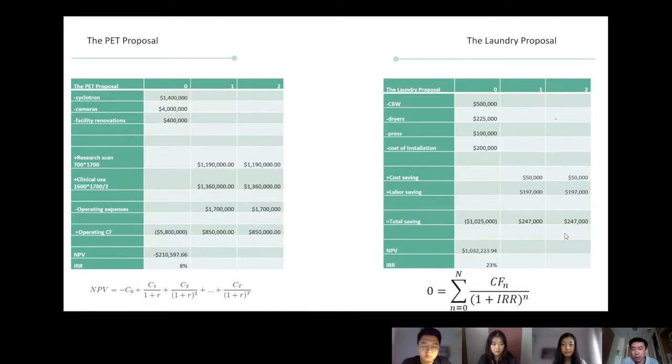First, the hospital needs to purchase a continuous batch washer, dryer sprays, and additional funds to install the new equipment. The initial investment in year 0 is $1,025,000. The annual cost savings of the new equipment is $50,000, and the labor cost saving is $197,000, so the annual cash flow is $347,000. This is a 15-year project.